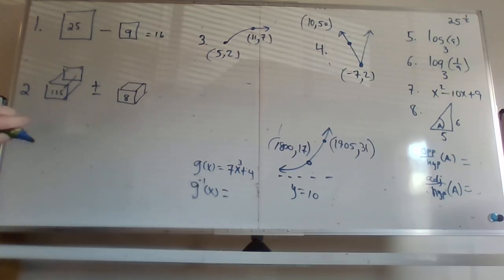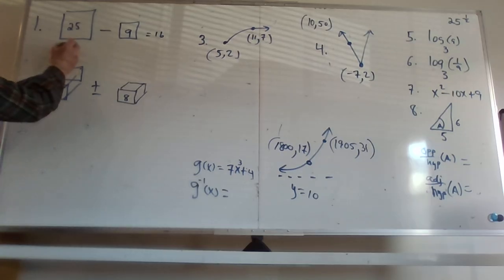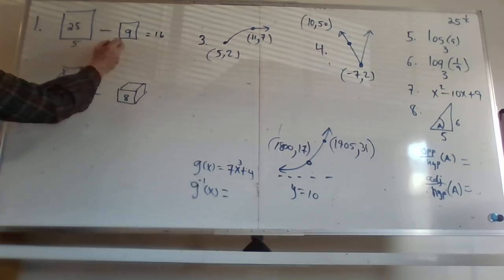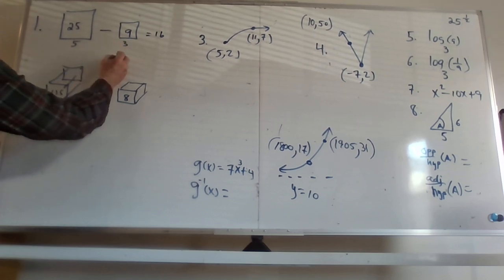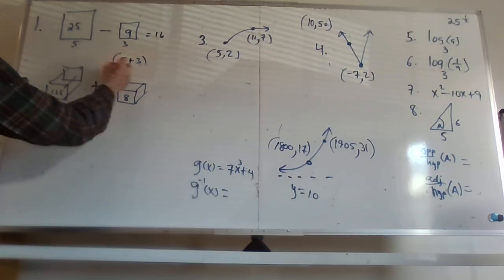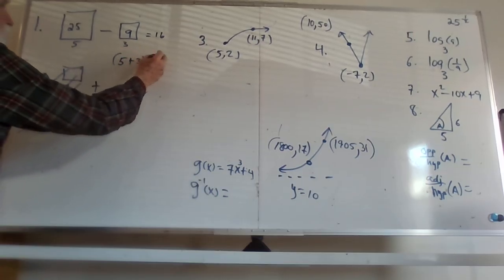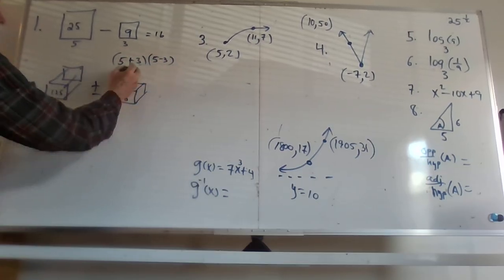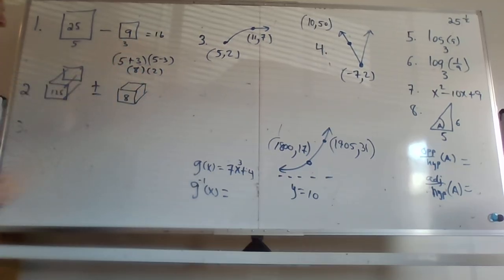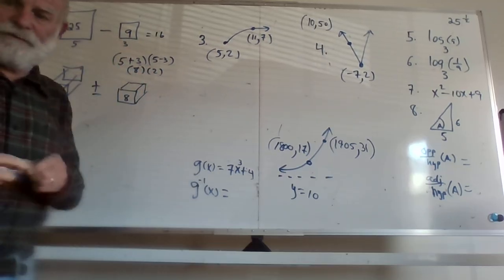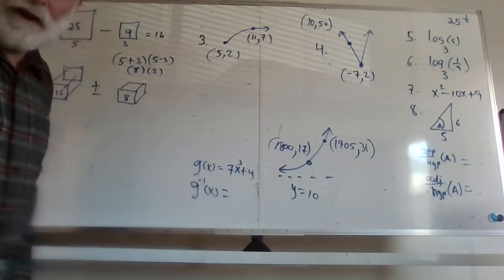And it turns out you can by working with the square roots, 5 and 3. If you add those square roots and you multiply by the difference of those square roots, you get 8 times 2. Boy, I just changed a subtraction problem into a multiplication problem.